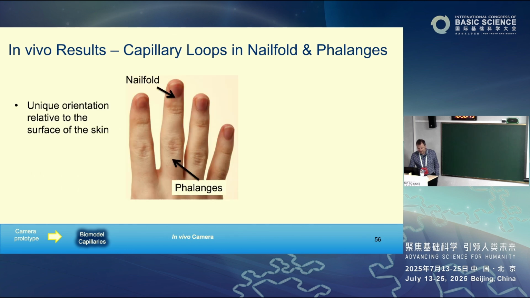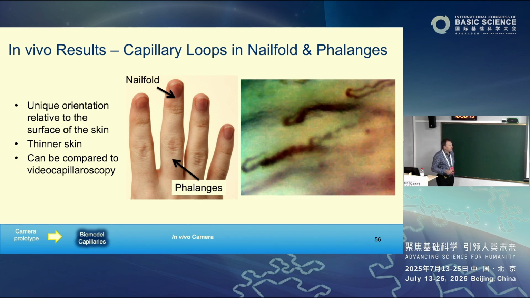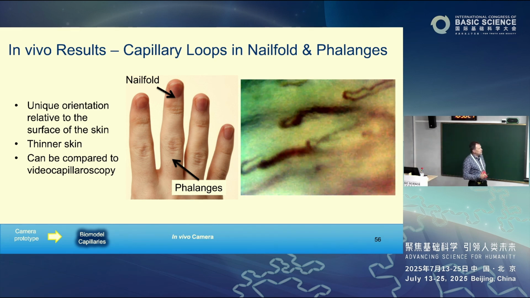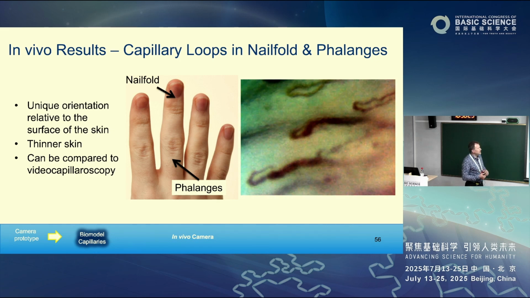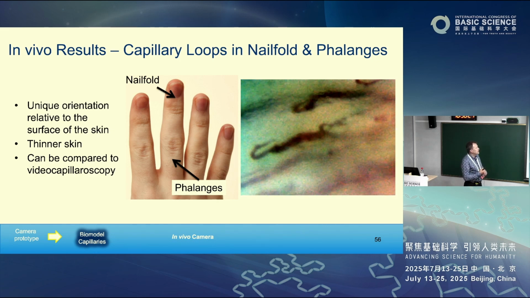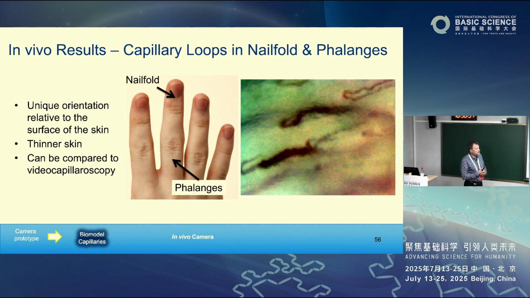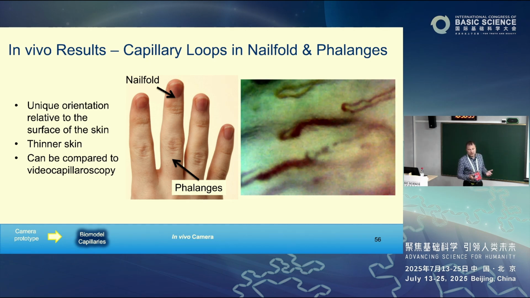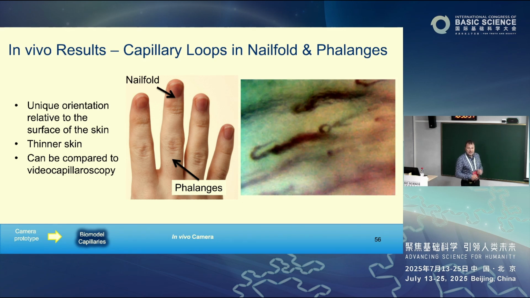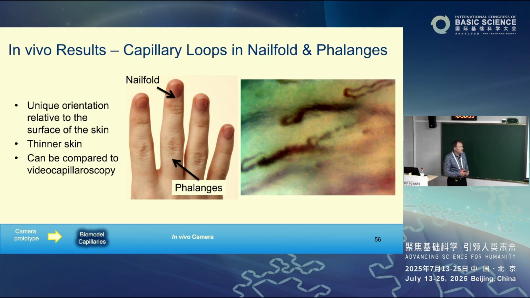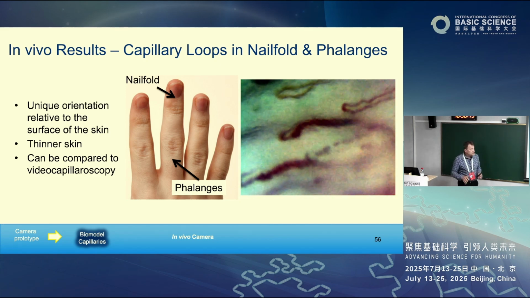And just to explain a little bit of the anatomy, the capillary loops are quite easily visible at the nail fold, which can be imaged even without our technique. But on the phalanges, or the rest of the body, the capillary loops are much deeper and we cannot see them.